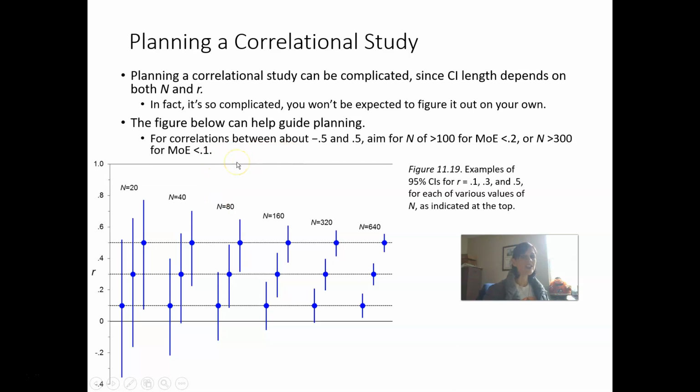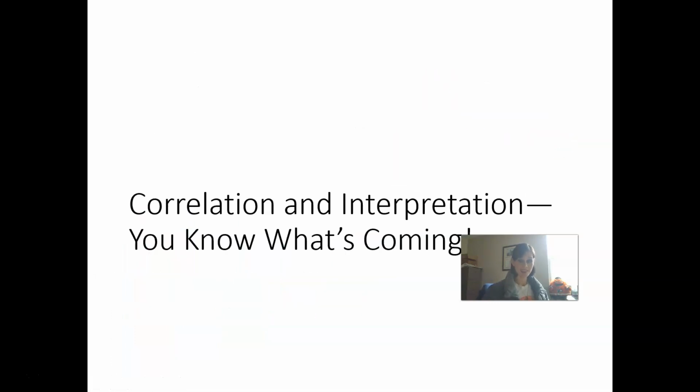So for correlations that are expected to range between negative 0.5 and 0.5, make sure that you have over 100 people for a margin of error of 0.2, or if you want a margin of error that's less than 0.1, you're going to need over 300 people.